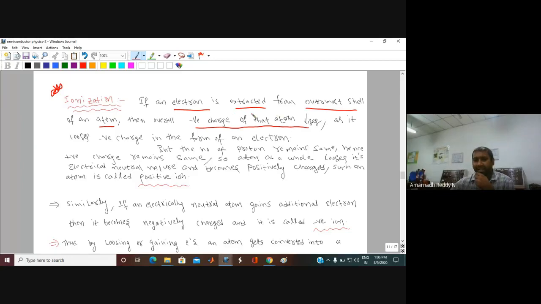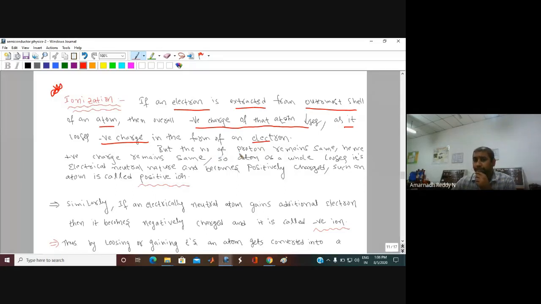One electron is coming out from the valence shell. If there is no electron, some space is left free. That is called a hole. The overall negative charge of an atom decreases as it loses negative charge in the form of an electron.